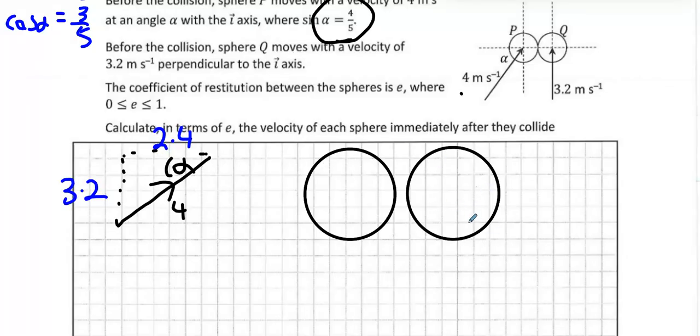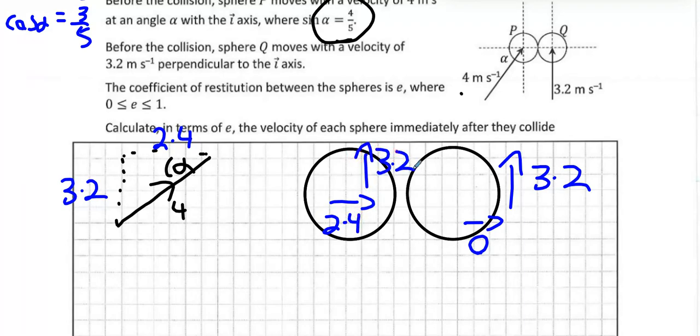It's a 0 speed. It's not moving left or right in this direction, but it is going up at 3.2. What about the second one? It's coming across at 2.4 and it's rising up at 3.2. So they're actually matching each other's speed, all right?